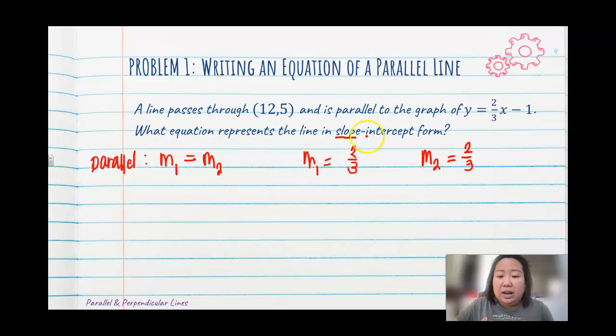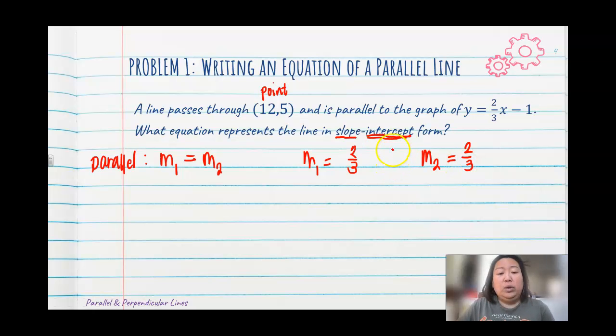Now, do we have our intercept? Unfortunately, the second line does not have an intercept because what we are given is a point, okay? So remember, this is a point. You are given a point, you're given a slope, which is 2/3. So can we write it in slope-intercept form?